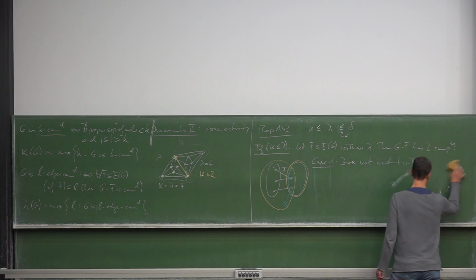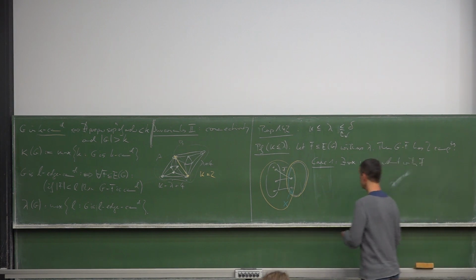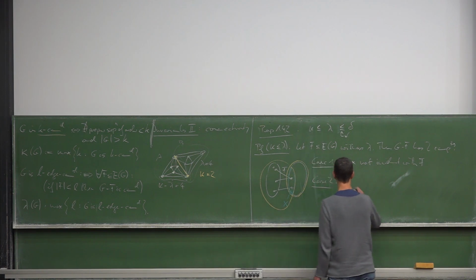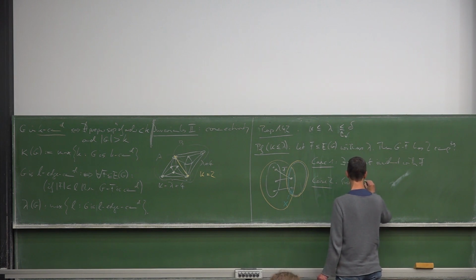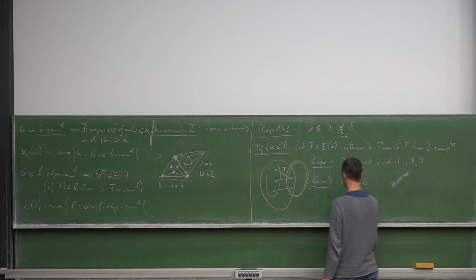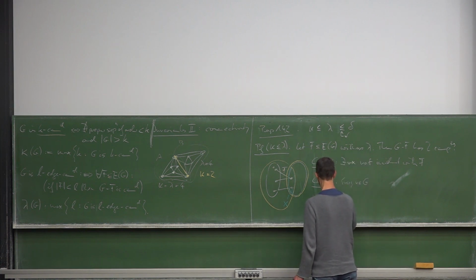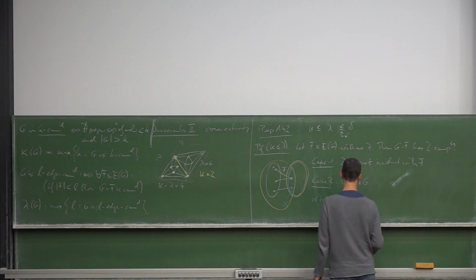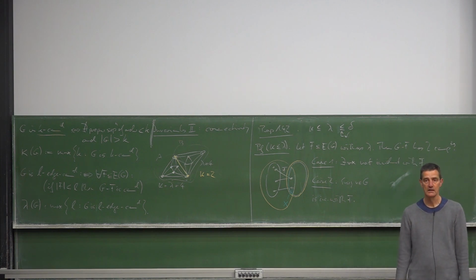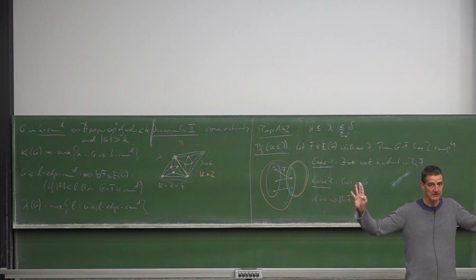What about the other case? Case 2. Every vertex of G is incident with F. Okay. Change of picture.